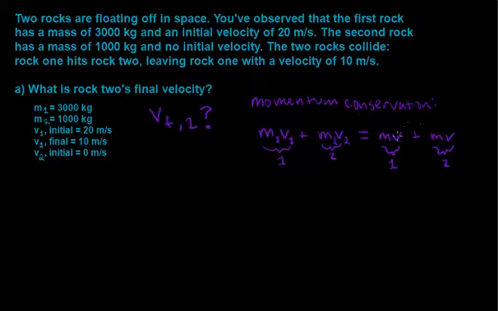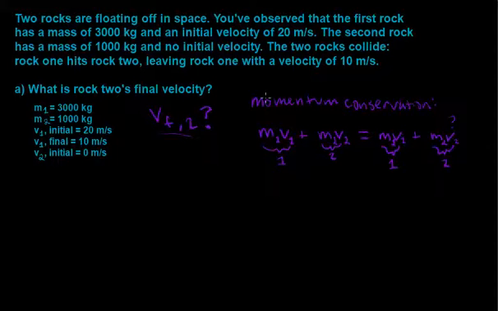The same thing goes for the final state. We still have the mass of rock 1, and we do have the final velocity of rock 1. As well, we still have the mass of rock 2, but now we are looking for the final velocity of rock 2. So as long as we know that these two states have to equal each other, it's really just a matter of plugging in the numbers that we know and solving for the value that we don't.